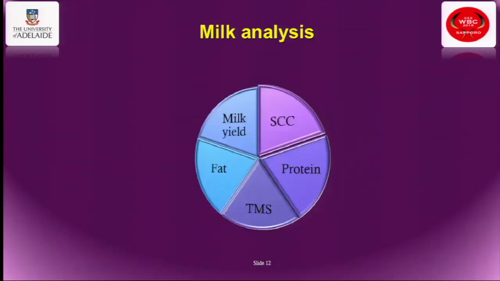A database of individual cow yield production parameters, including somatic cell counts, volume, protein percentage, total milk solids, and fat percentage, was analyzed per group.